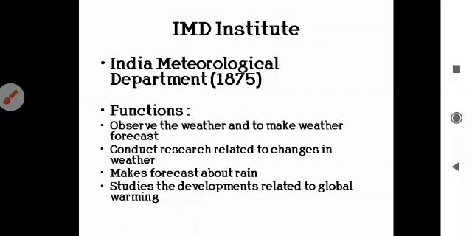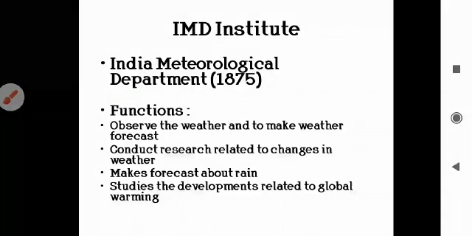It makes forecasts about rain. It studies developments related to global warming. So IMD is working for our country. This institute informed about Nisarga cyclone. A few days ago we experienced that cyclone.